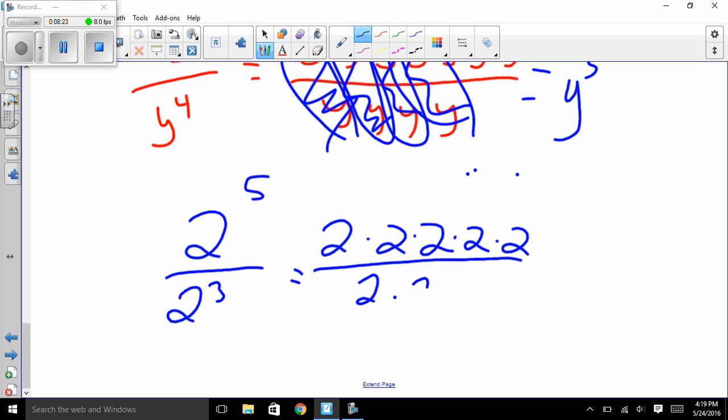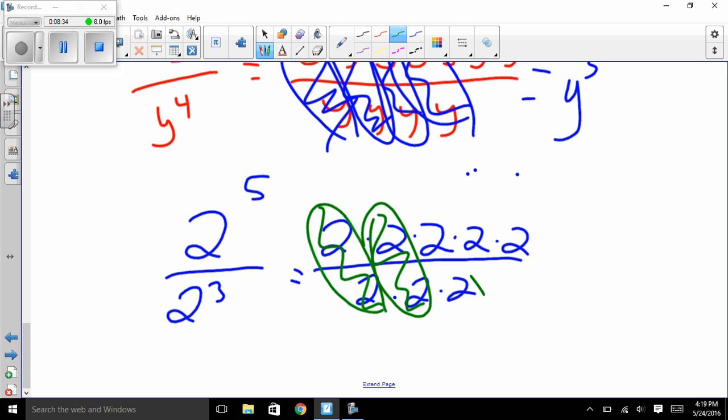Over 3 2's being multiplied. Just like before, I'm going to find a buddy and cancel it out. Find a buddy, cancel it out. Find another buddy, cancel it out. So here is my final answer, 2 times 2, or 2 squared, which is equal to 4.